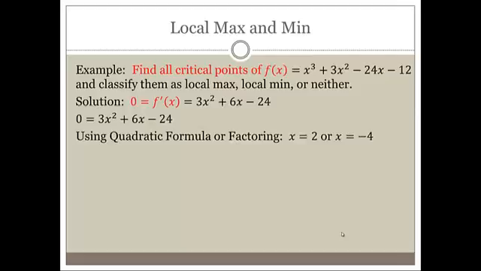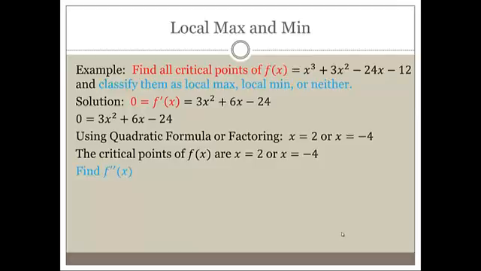Either way we solve it, we get that x equals 2 and x equals negative 4 are the solutions to the equation. So the critical points of f of x are x equals 2 and x equals negative 4. So we're done with the first part. Now we need to classify them as local max, local min, or neither.